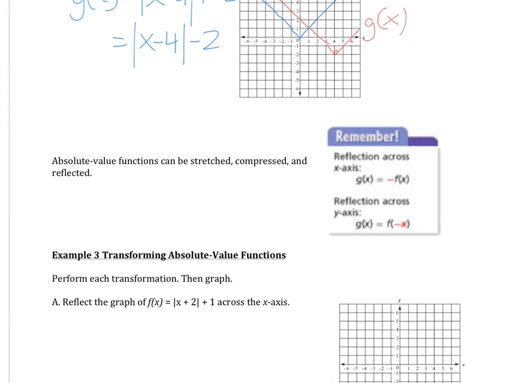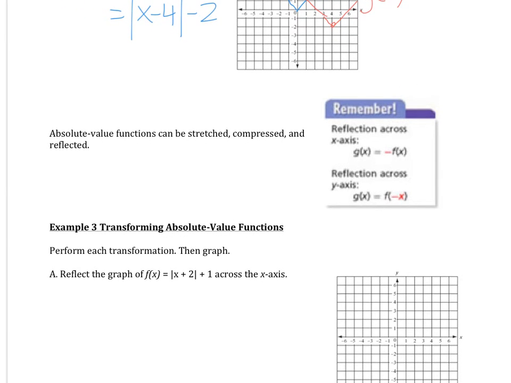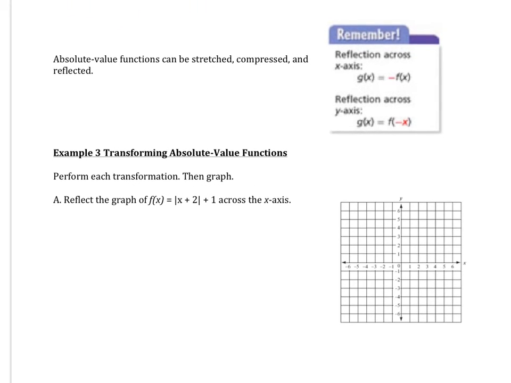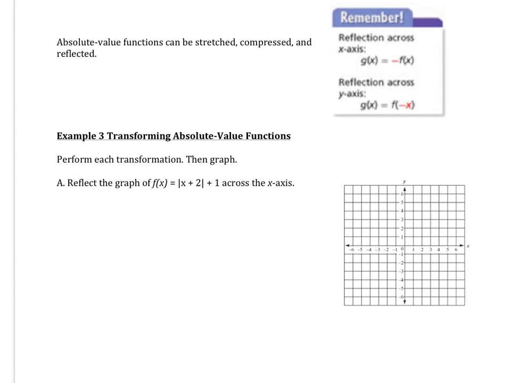Now when we stretch or compress or reflect, again, we do the same thing that we did with our linear functions. The first one is that we're going to reflect the graph of the absolute value of x plus 2, plus 1 across the x-axis. Remember, a reflection across the x-axis negates the whole function.